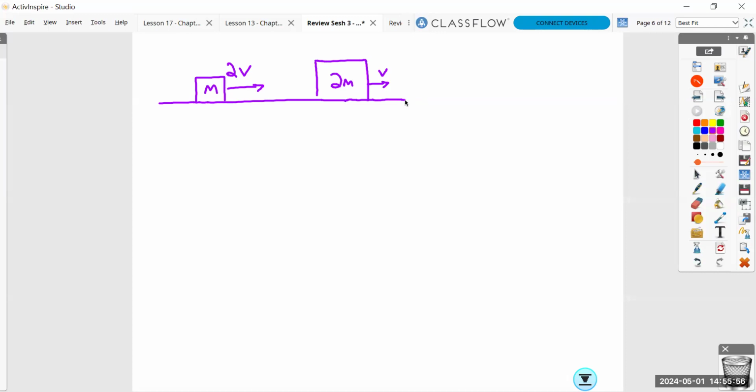So that little one is going to catch up to the big one and rear-end it.